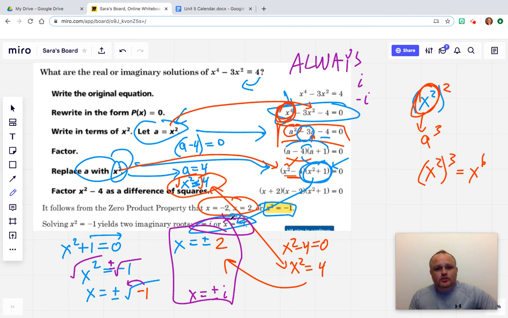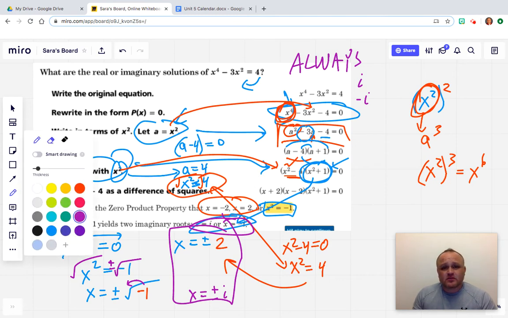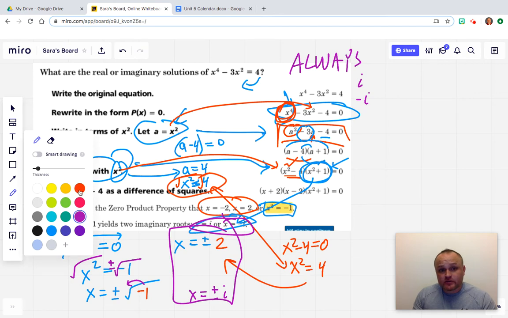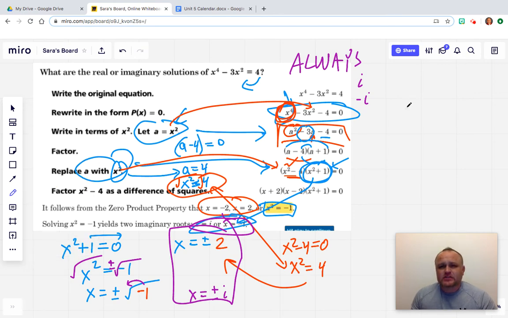And I wanted to show you real quick that, if you wanted to, replacing x squared with a new variable is a business you don't have to do. The way that I showed you as one of the very first ways to factor was that number sense interpretation. Check this out.